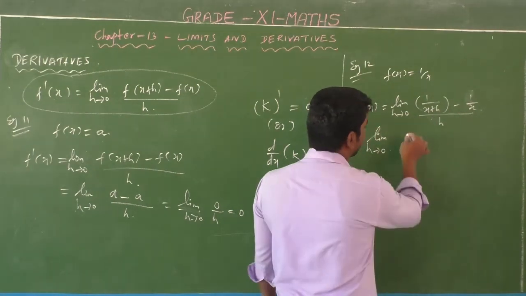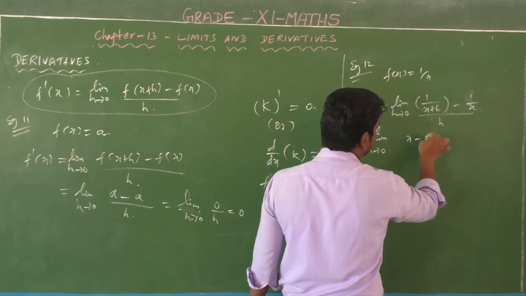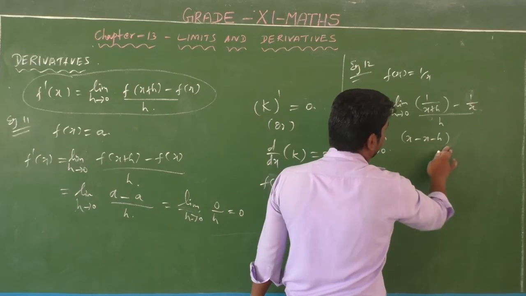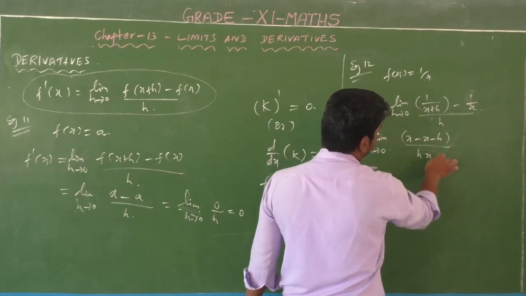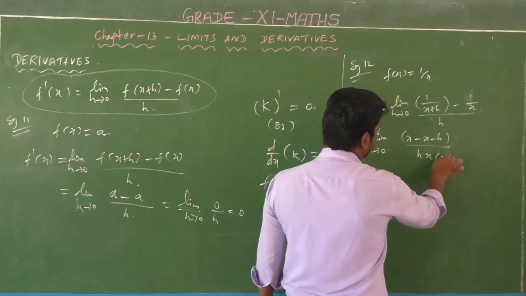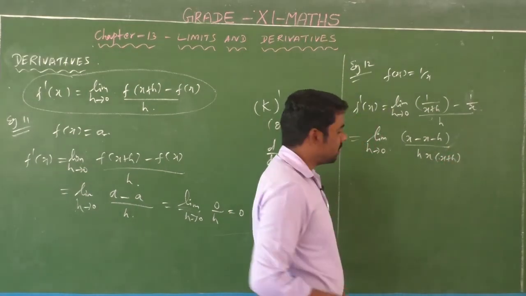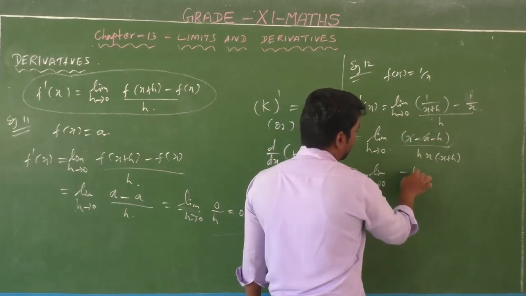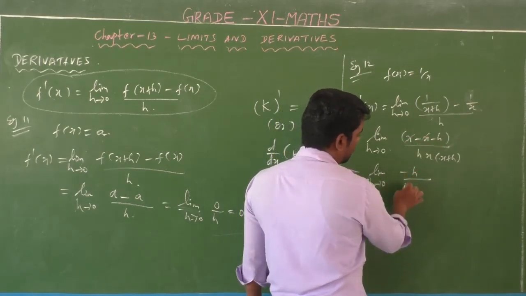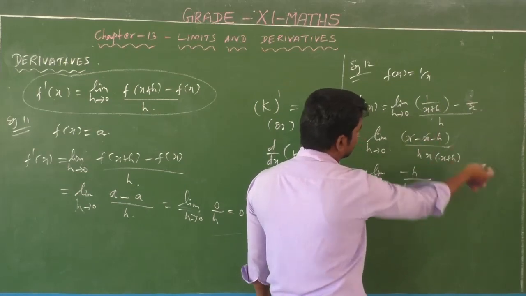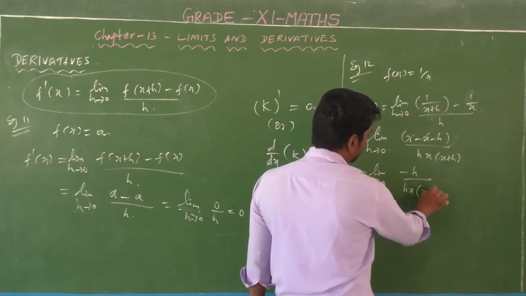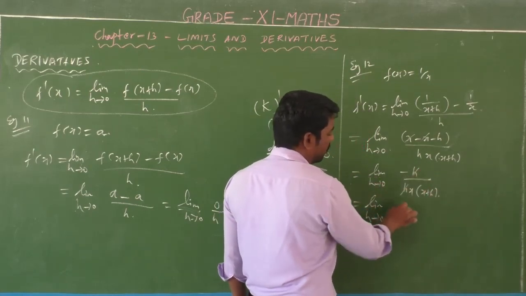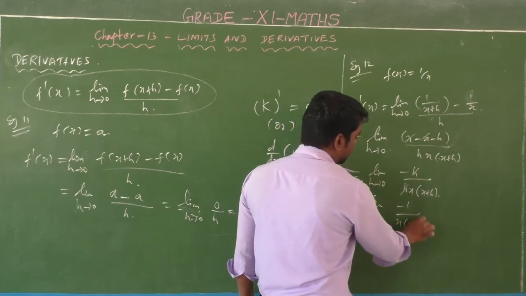So cross multiplication: x minus 1 into x plus h is x minus x minus h, whole divided by x into x plus h. Here h into x plus h is h times x of x plus h. Limit h tends to 0, x cancels, remaining minus h divided by h x of x plus h. h cancels, remaining limit h tends to 0 of minus 1 by x of x plus h.